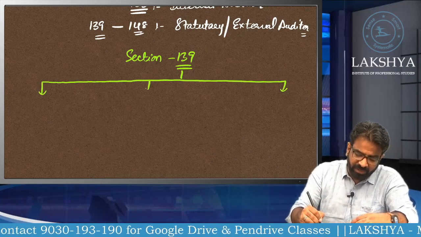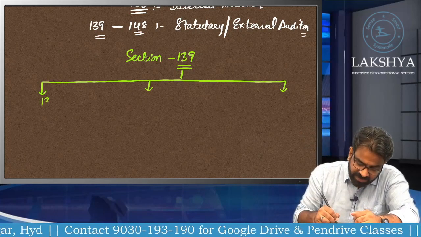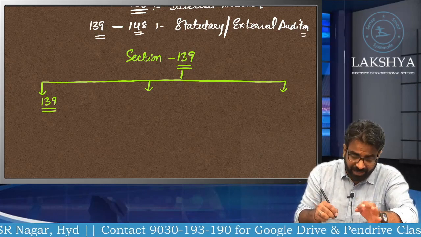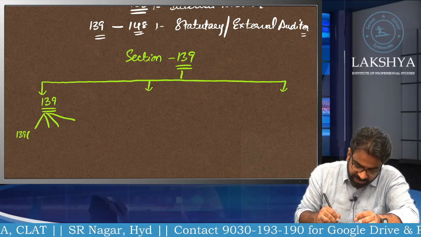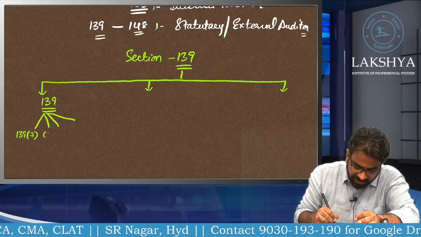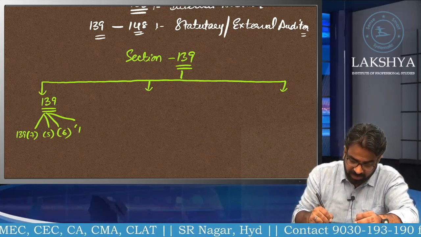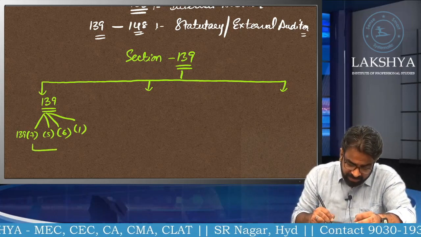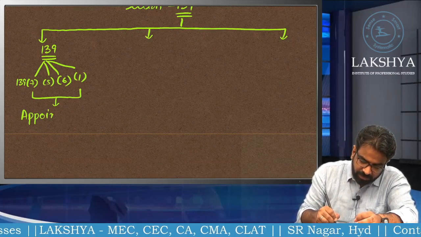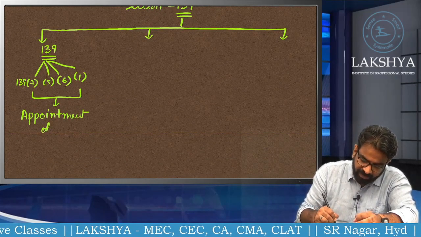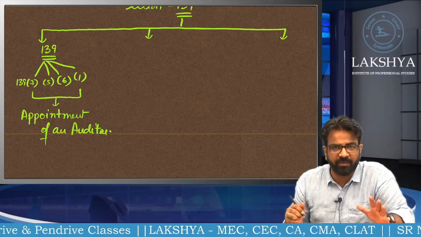We are going to divide this section into parts. Under section 139, there are subsections we have to understand: subsection 7, subsection 5, subsection 6, and subsection 1. All these subsections only talk about one thing, the appointment of an auditor. Everyone clear?